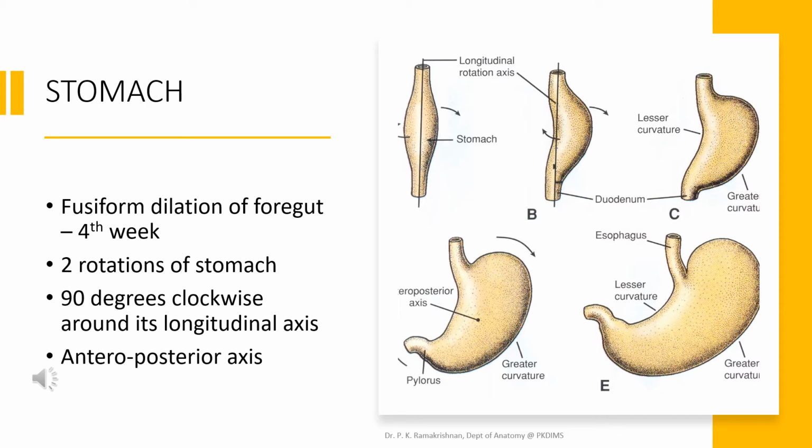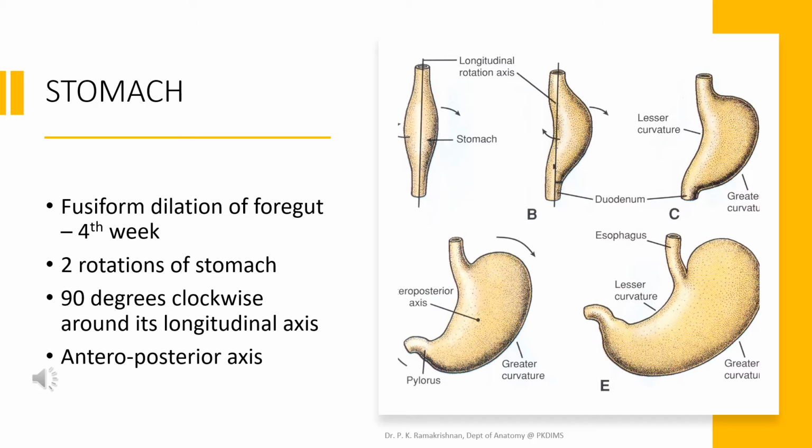And during this rotation, the original posterior wall of the stomach grows faster than the anterior portion, thereby forming the two curvatures of the stomach, namely the greater and the lesser curvatures.